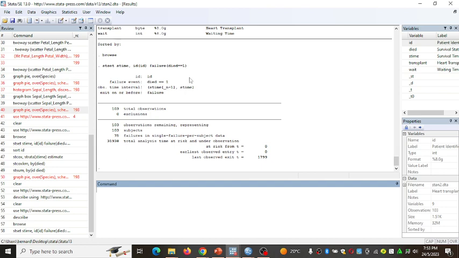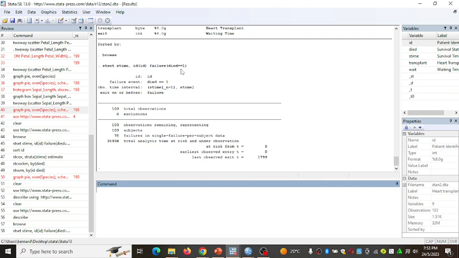What are you getting here? This is survival time, and the failure is if our patient dies in the process of medication.